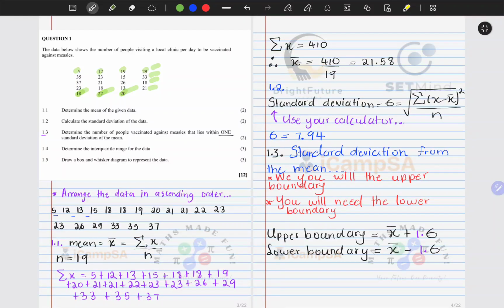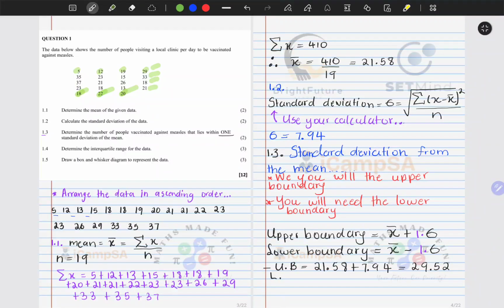Now, if we go and solve this, the upper boundary is going to be, our mean is 21.58 plus 7.94. And what you should realize is that for our upper boundary we're going to have 29.52.